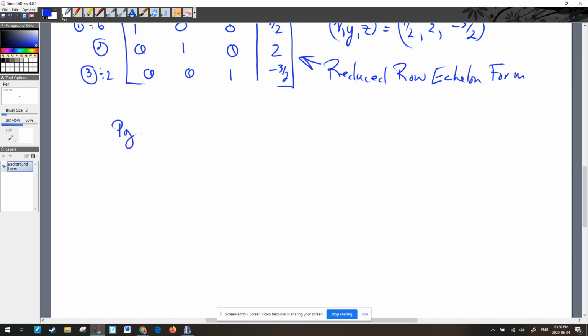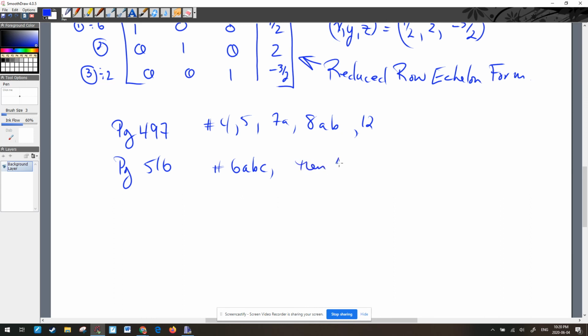So page 497, numbers 4, 5, 7A, 8A and B, and 12. And then page 516, numbers 6, A, B, and C, and then do number 4.